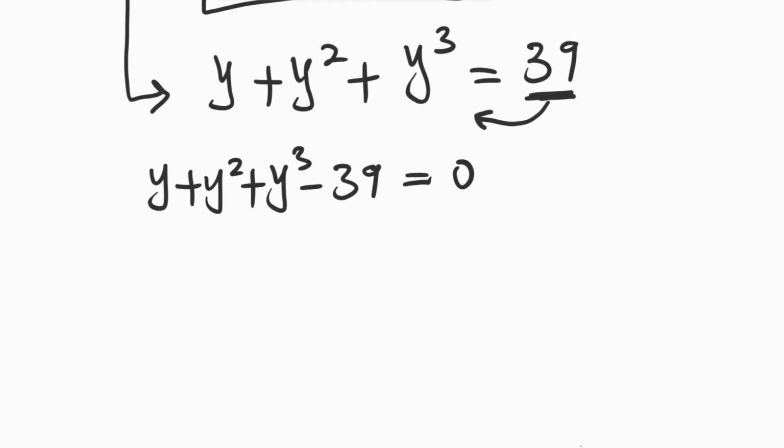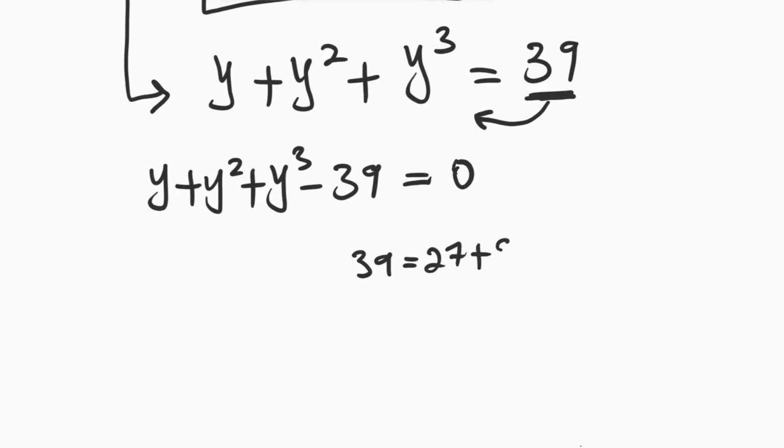So the task at hand now is to try to break down 39 in such a way that the numbers that we get will have the powers of 3, 2, and 1, and at the same time they will add up to 39.